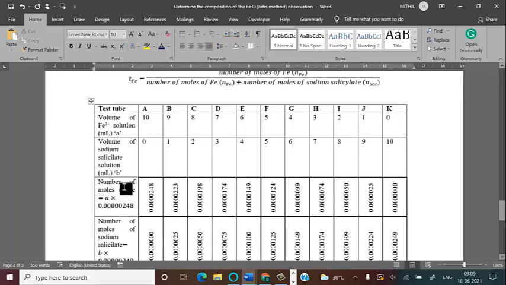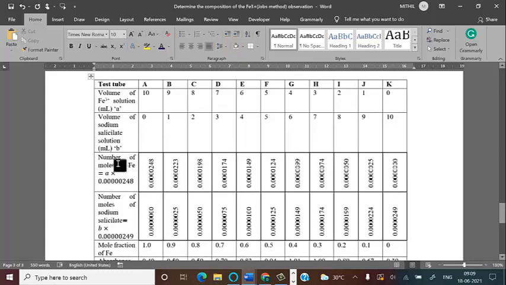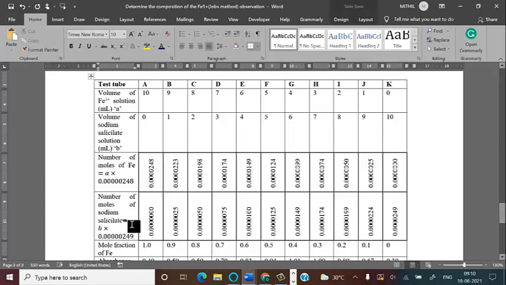So we find out how many moles of Fe per test tube and how many moles of sodium salicylate there are. In the first test tube, A, there is no sodium salicylate, so it is 0 mole.